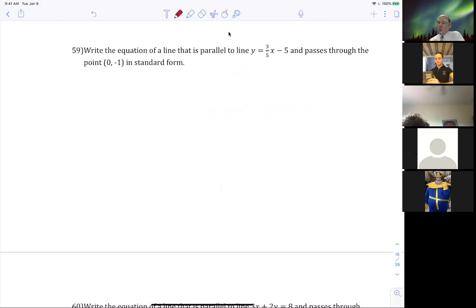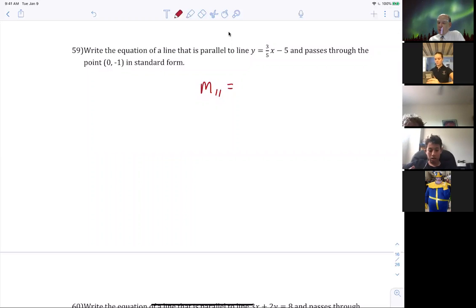59. What is the slope of the parallel line, Davis? Good. So what's the answer? Write the equation for me first. Now look, I want everybody to highlight this point right here. What is that point called?